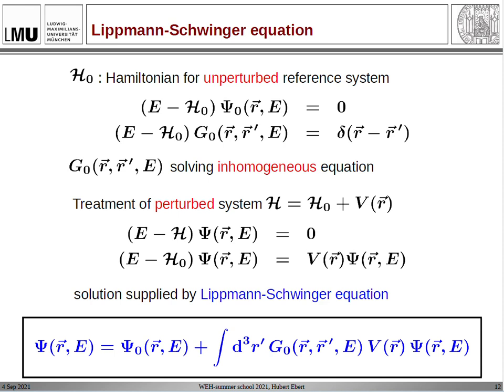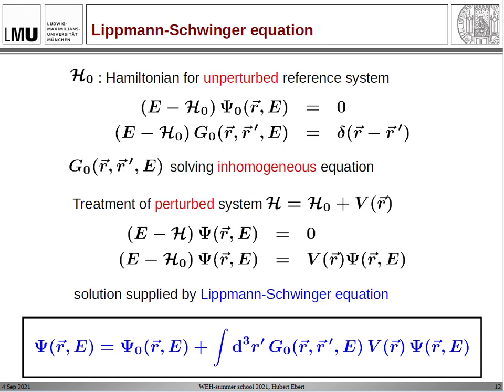Now, this obviously, that object solves that second equation, and it helps us to handle a different, more complicated situation. Namely, we start from the simple situation where we have the Hamiltonian H0 to a more complicated one that differs by that potential. So we get a perturbed system. And that perturbed system, of course, has its own equation to be solved.